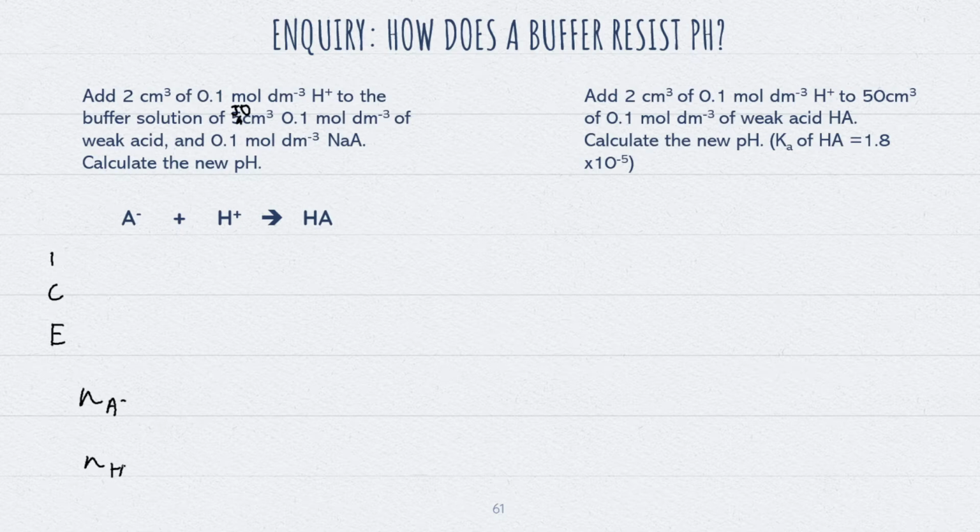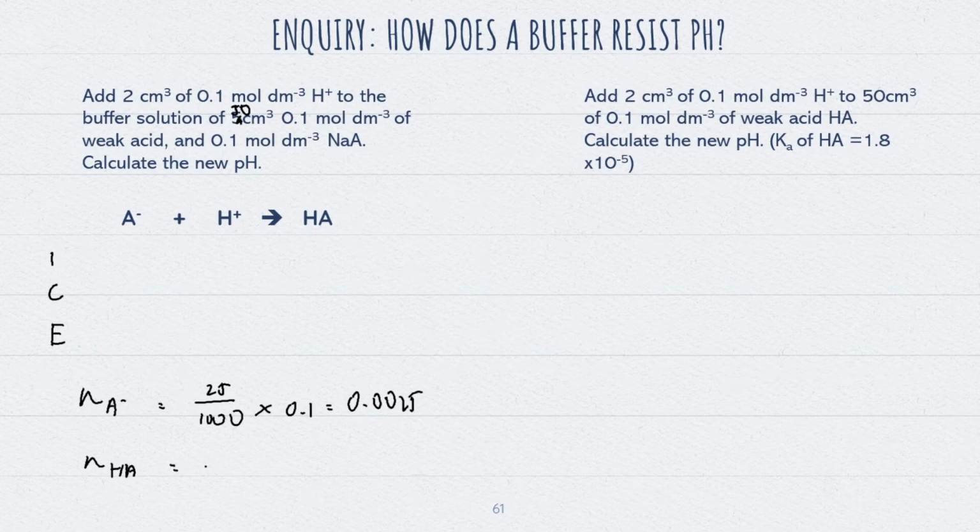So the initial moles should be 25 over 1000 times 0.1, which will be 0.0025.